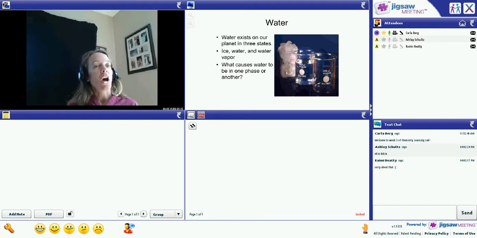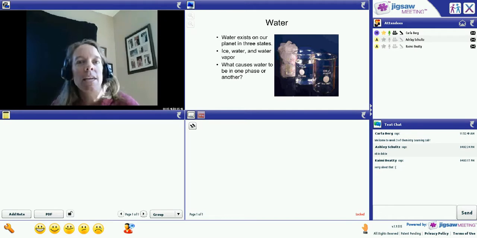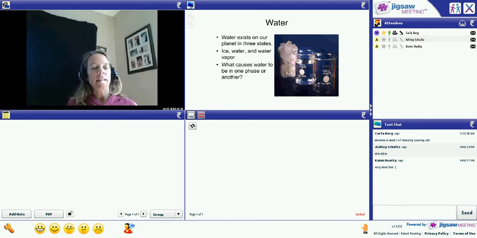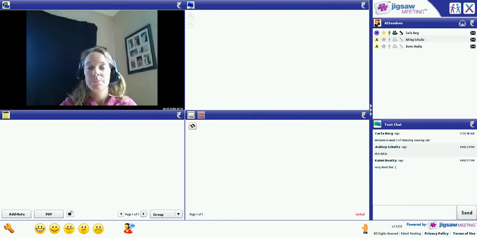If I was in a sauna and had this water on a heat, it would be boiling up and be water vapor. So the main reason that something is in the phase that it's in is the temperature of its environment, the temperature of the air around it, or, if you're warming it up, the heat source underneath it.